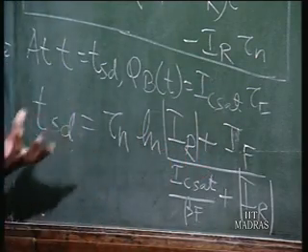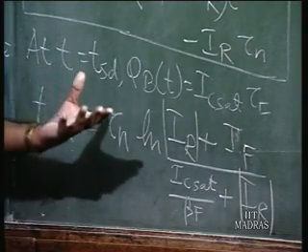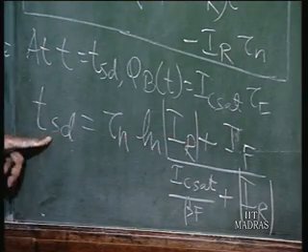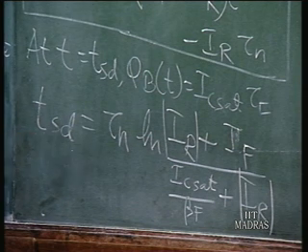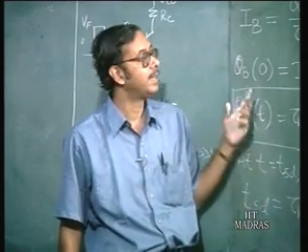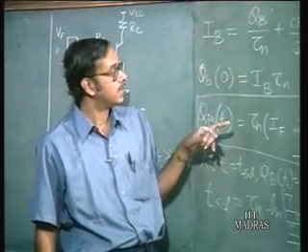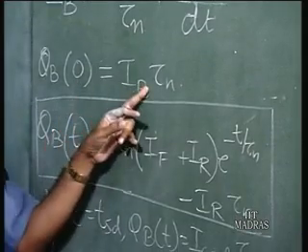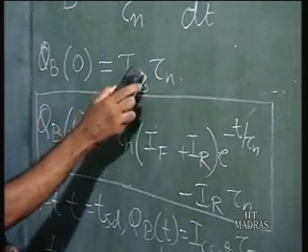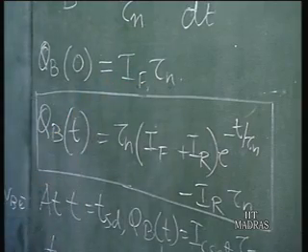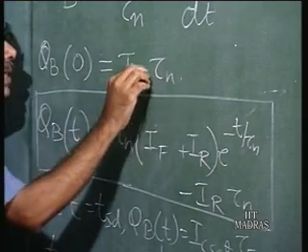What about IF? How does it depend on IF? That is the forward current. If IF goes up, TSD goes up. Why? Because if IF was larger, then QB(0), this initial condition, is IF times tau n, that is the forward base current times tau n.